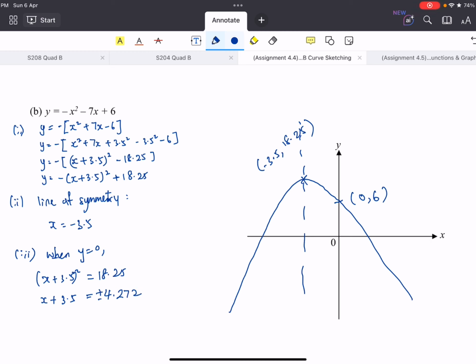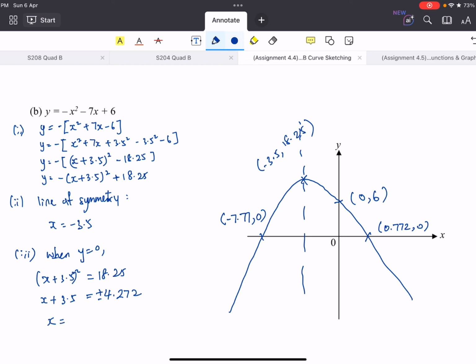So 4.272 minus 3.5 will give us 0.772, and on this side, negative 7.77.